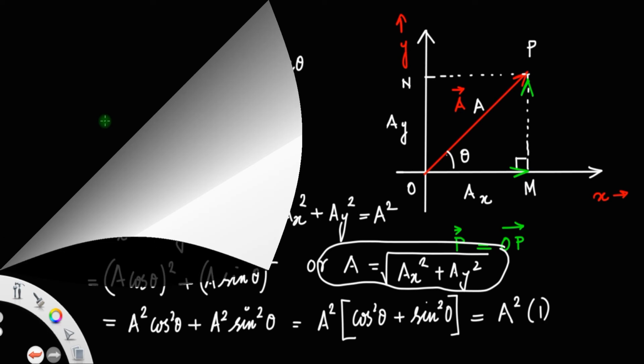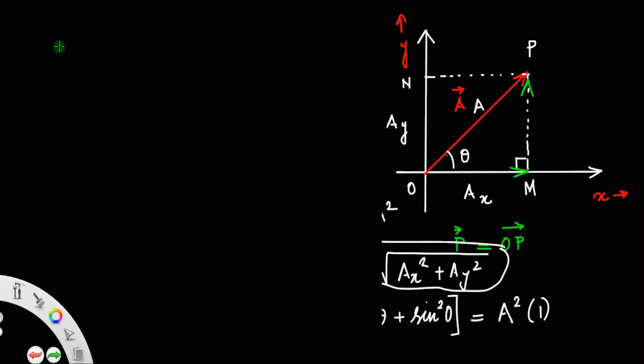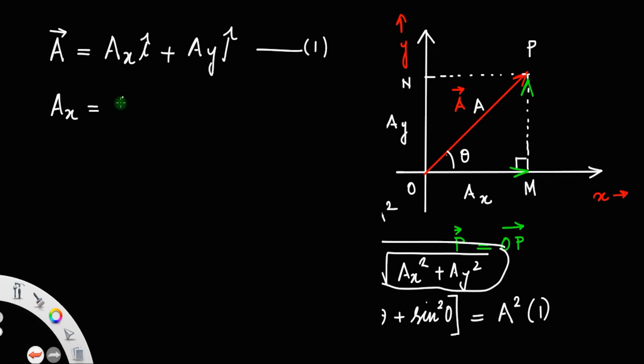Clear? So as a summary, any vector A can be resolved into horizontal and vertical components, that is AX i plus AY j. Point number 1. And the value of AX will be A cos theta and the value of AY will be A sin theta, where A is the magnitude of the vector and theta the angle made by the vector with the x-axis.